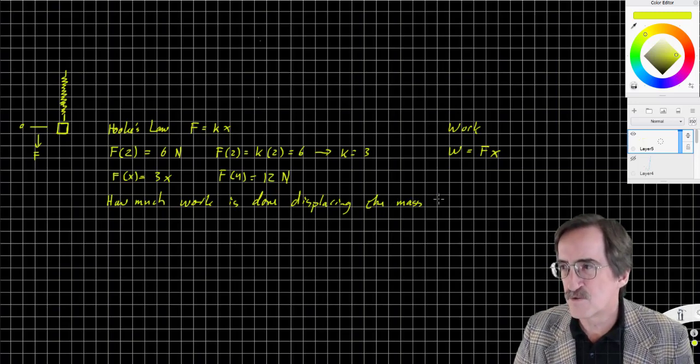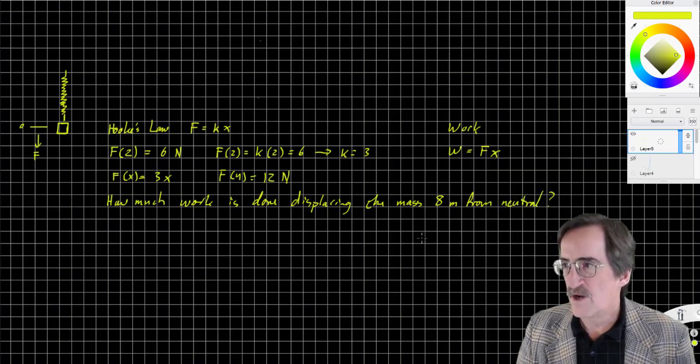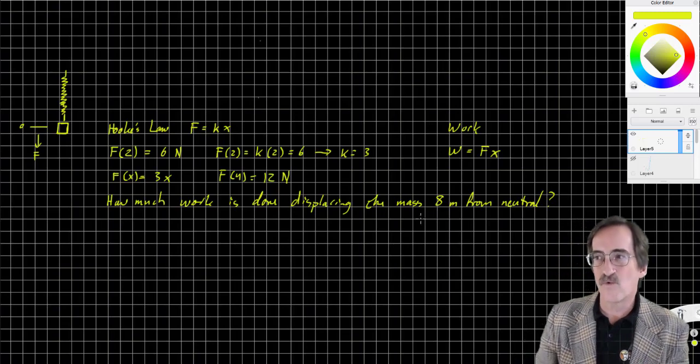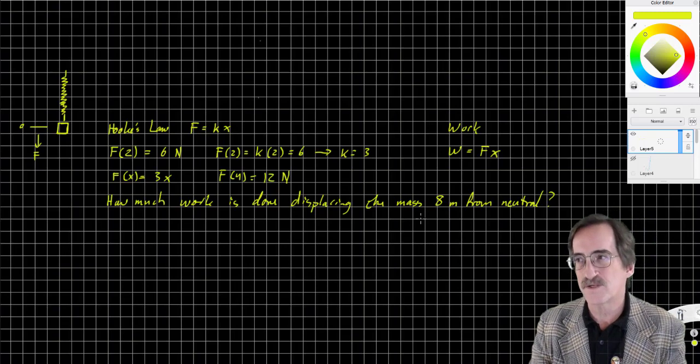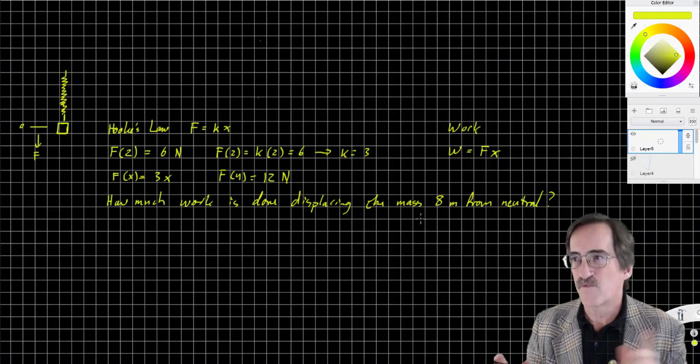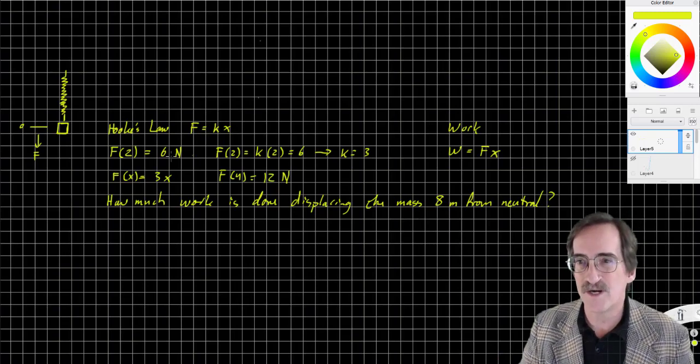Let's do 8 meters from neutral. Okay. Now if we could just calculate the force for 8 meters, which would be 8 times 3, or 24 newtons, we could say, well, 24 newtons times 8 meters. But that would be assuming that we apply the same force the whole time.